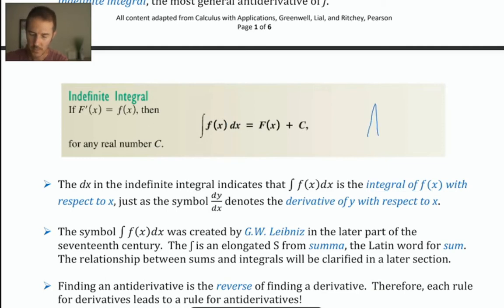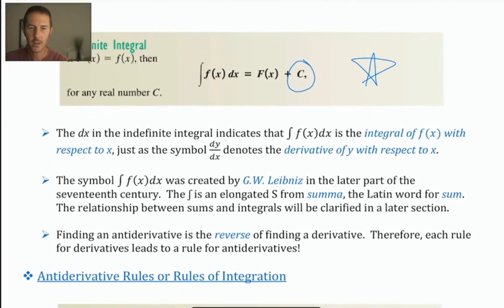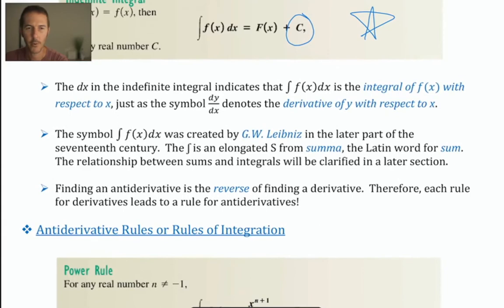But this is definitely a piece of information that needs to go into your notes, okay? At some point in time, that's going to become background knowledge. You're never even going to think about it again. But anyway, that's the format, and maybe the most important part of that format is the plus c, taking into account the fact that we don't know what that c value is yet, but eventually we will figure it out.